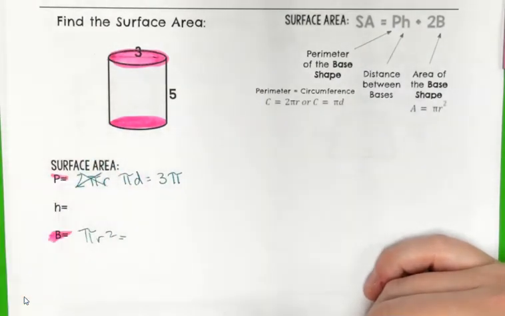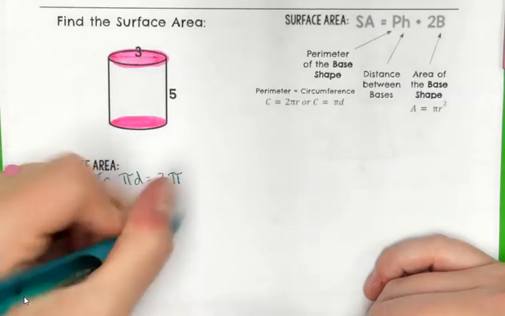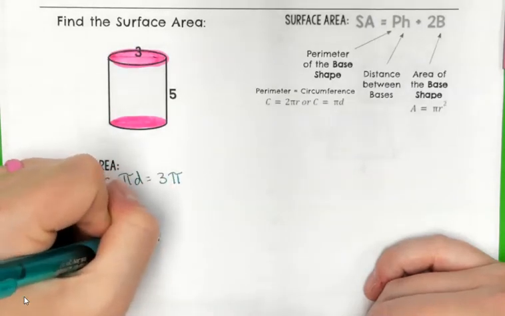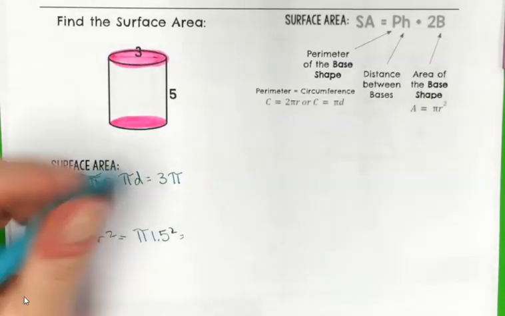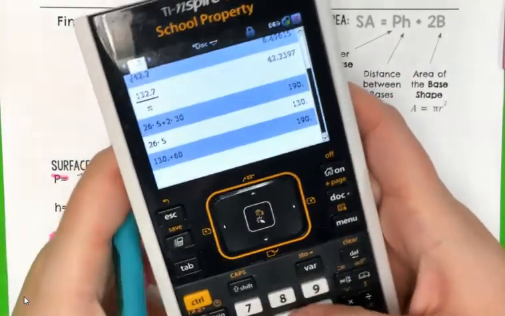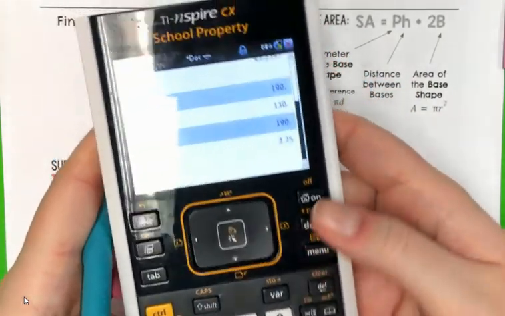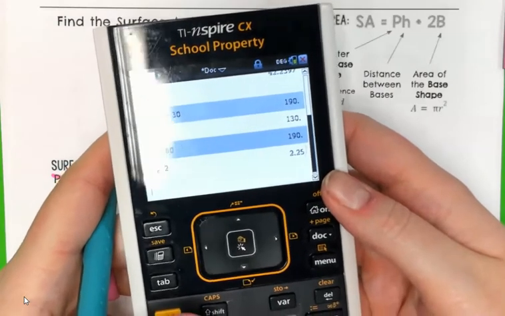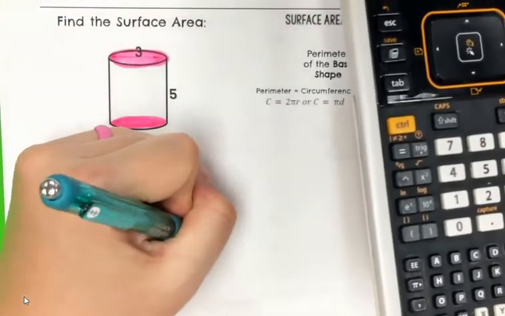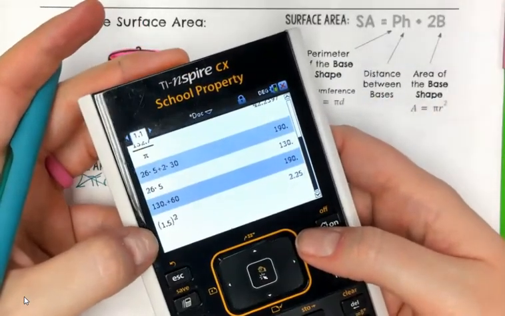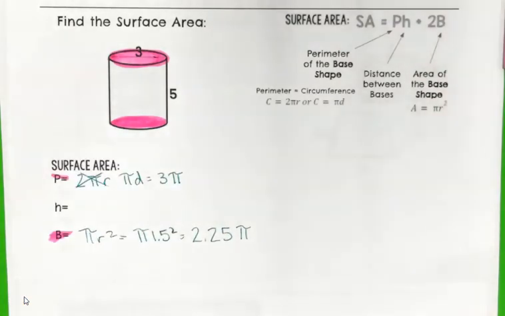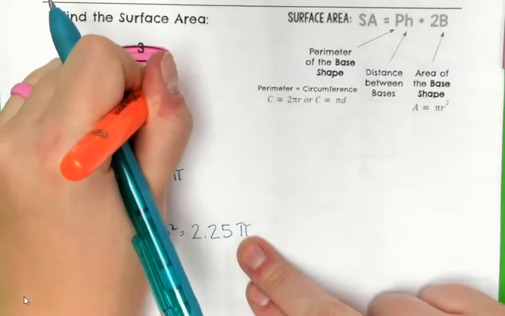Pi times the radius squared is pi times 1.5 squared. And when I put 1.5 squared into my calculator, I'm going to get 2.25. So I'm just going to leave it as 2.25 pi. Notice I did not put pi into my calculator at all yet. We're leaving it as 2.25 pi until the very, very last step. And then we have the base now.